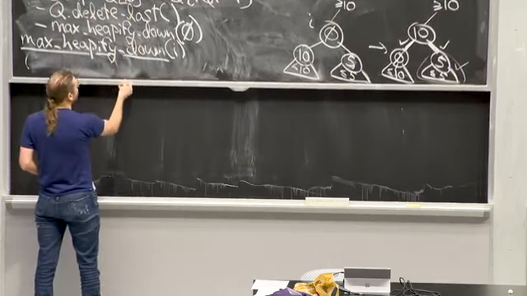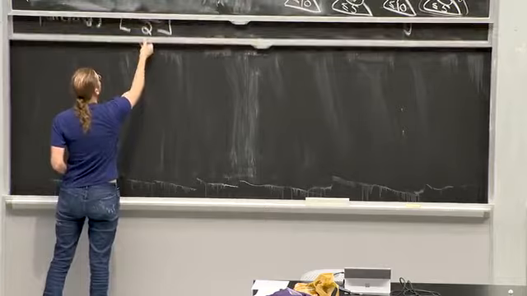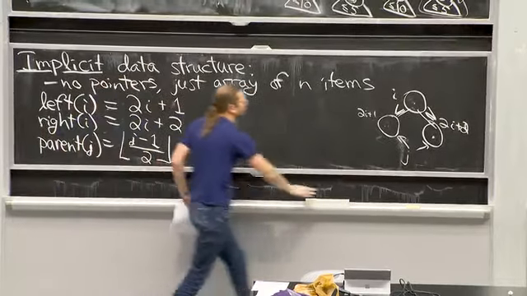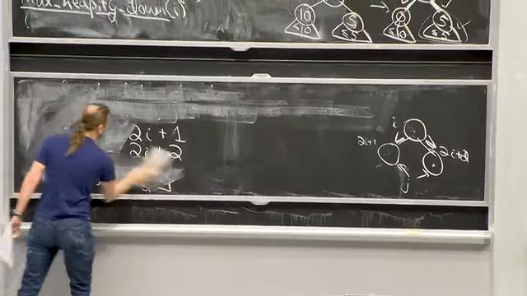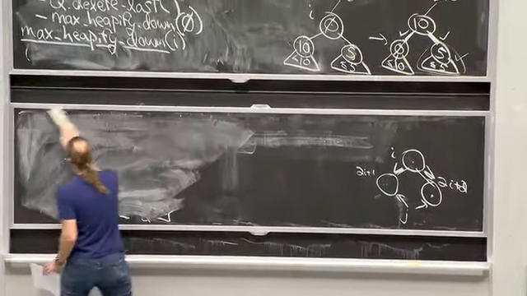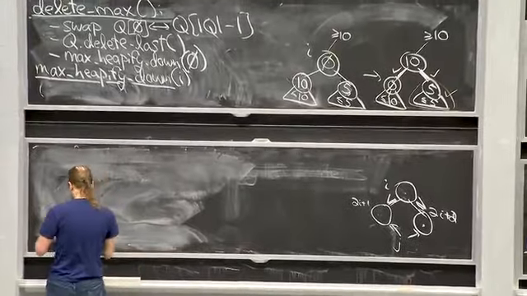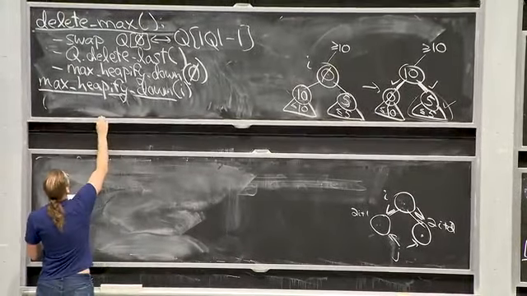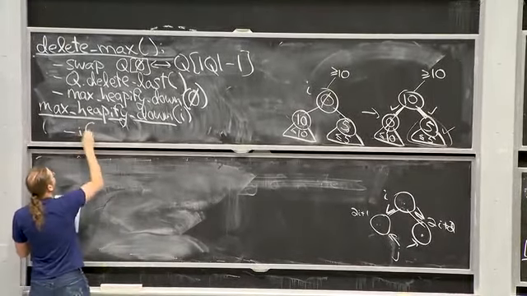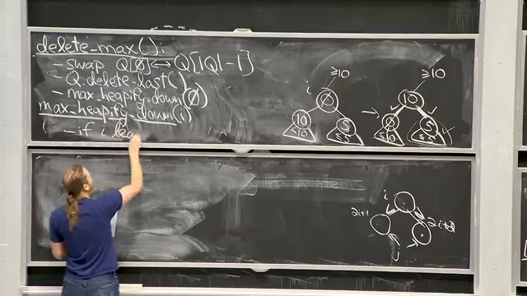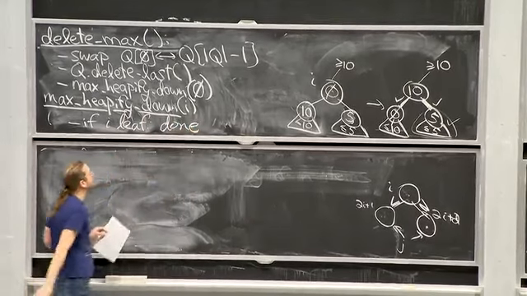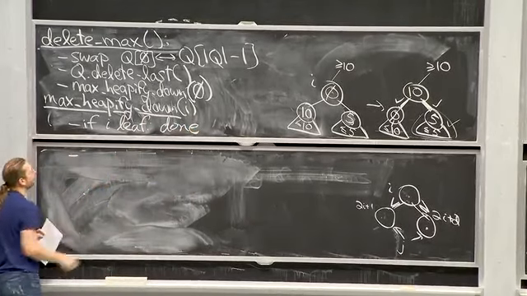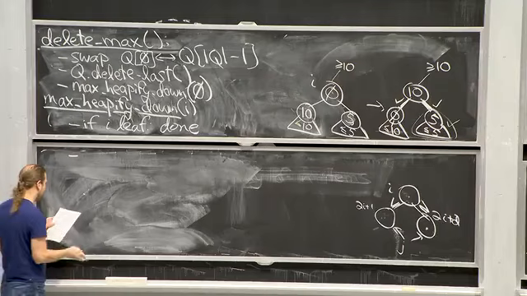OK, so we check here. There's a base case, which is if i is a leaf, we're done, because there's nothing below it. So we satisfy the max heap property at i, because there are no children.